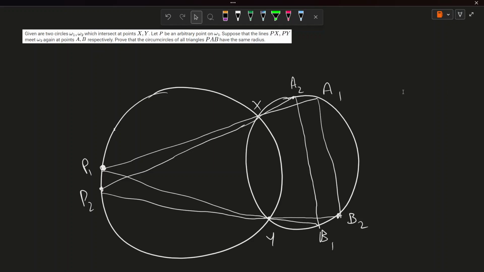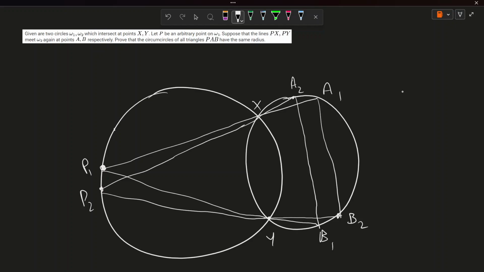So what it means is that as P moves along this circle, we need to prove that the circumcircle of every single triangle PAB should be the same.